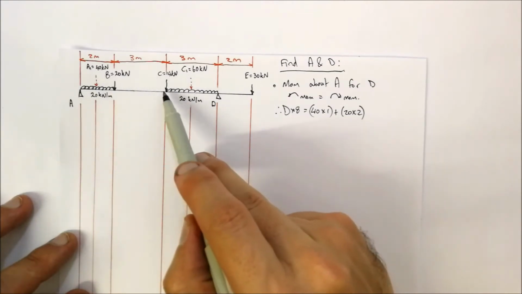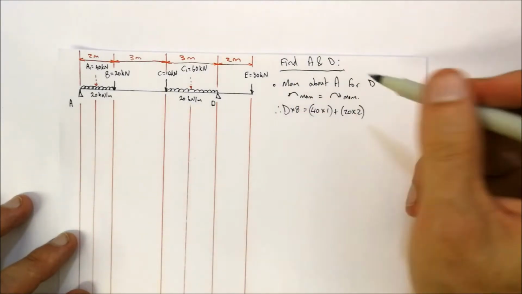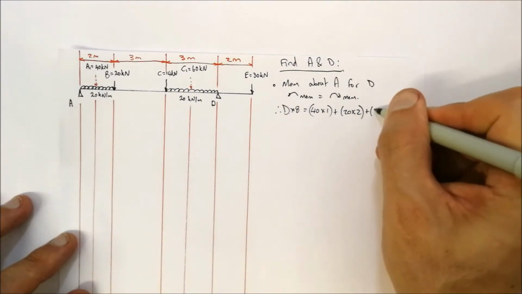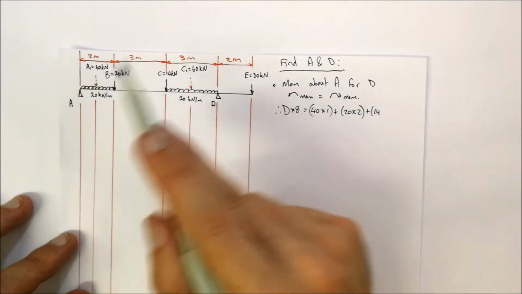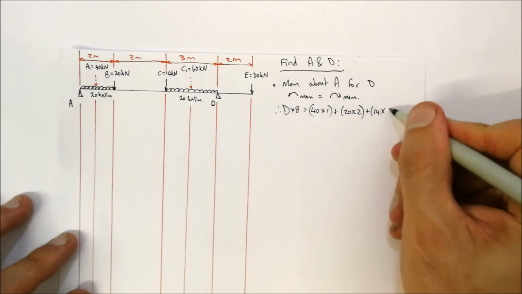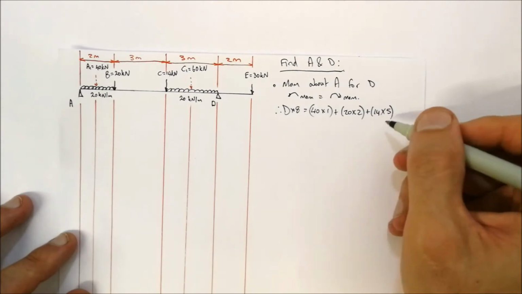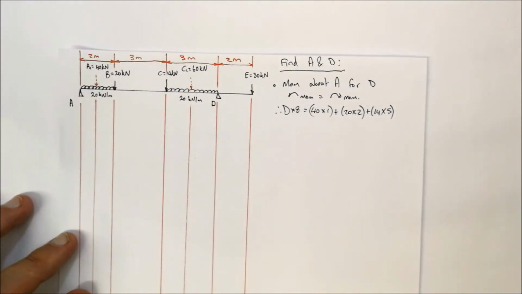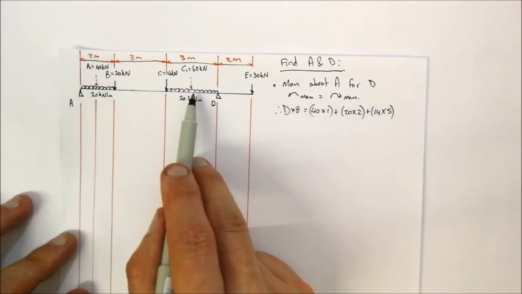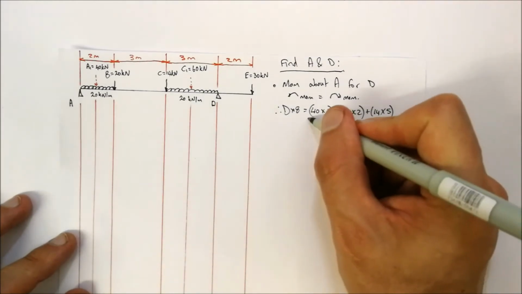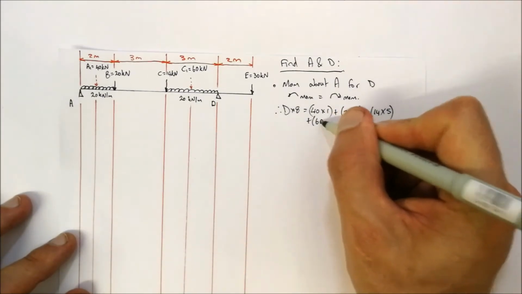Then we've got C over here, which is 14 kilonewtons, and C is 3 plus 2, which is 5 meters away. Then we're going to be looking down here. C1 is 60 kilonewtons, so we're going to say plus 60 kilonewtons.